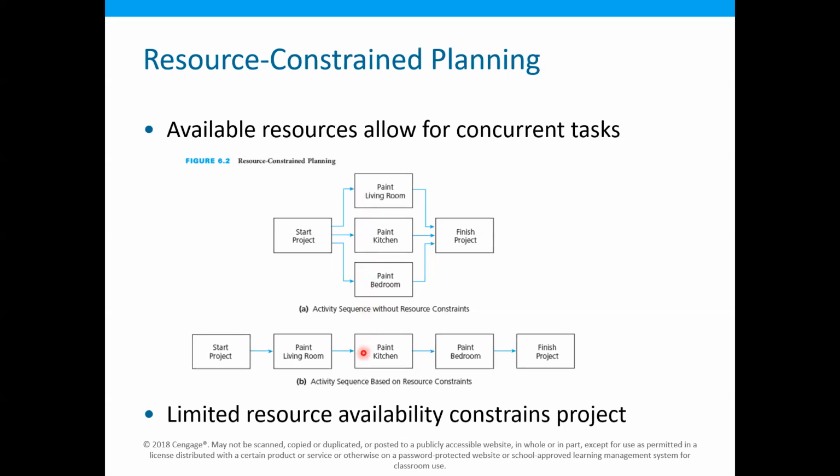If we have the resources available, these activities can be performed in parallel. But if we don't have the resources available for all 3 activities, then these activities can be performed in a sequence as well. So one case is that the available resources allow for concurrent tasks, and the other case is that the limited resource availability forces us to perform the tasks in series.